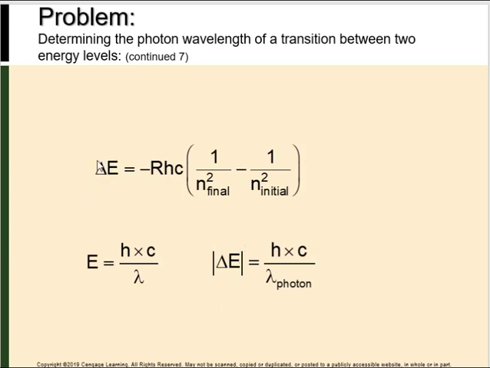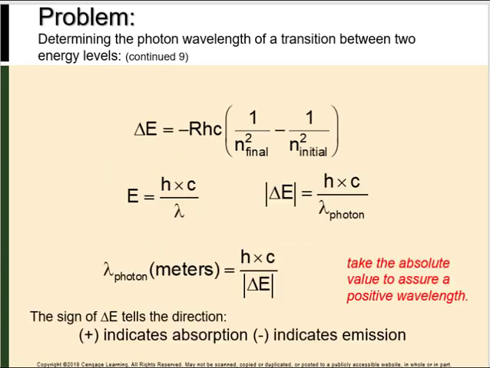If we had a negative delta E, like if it is emitting light, we would use the positive value of that number to make sure that we have a positive wavelength, because there is no such thing as a negative wavelength. And so we could rearrange that equation to find the wavelength of a photon by doing h, Planck's constant, times the speed of light, all over the absolute value of the E that we found.